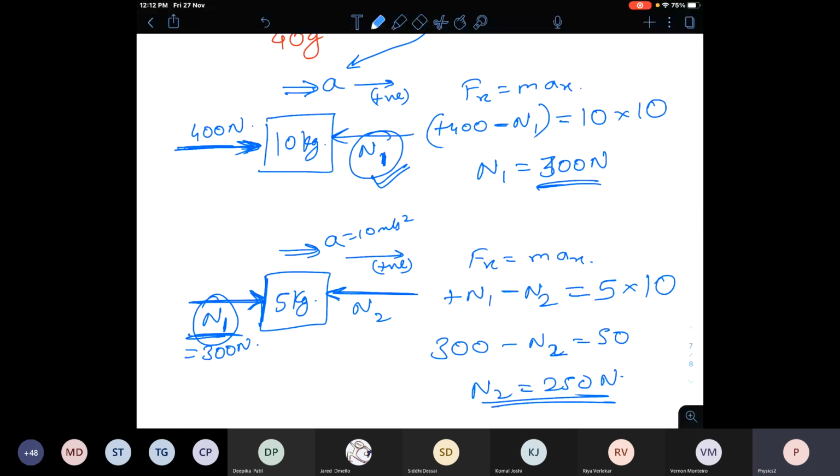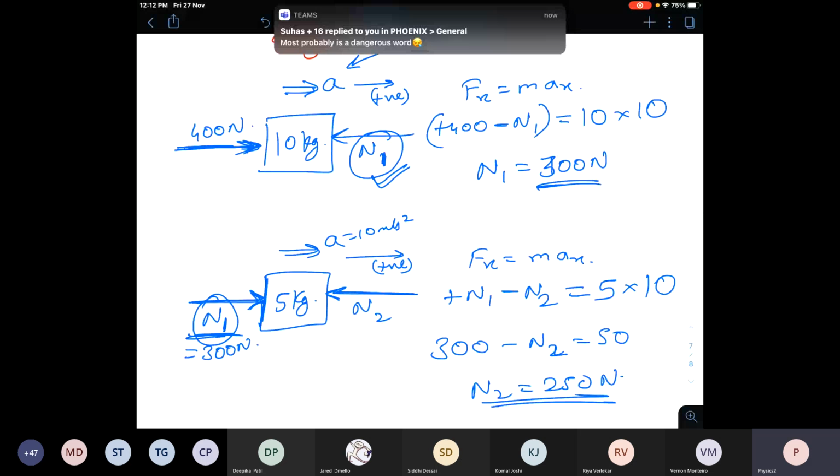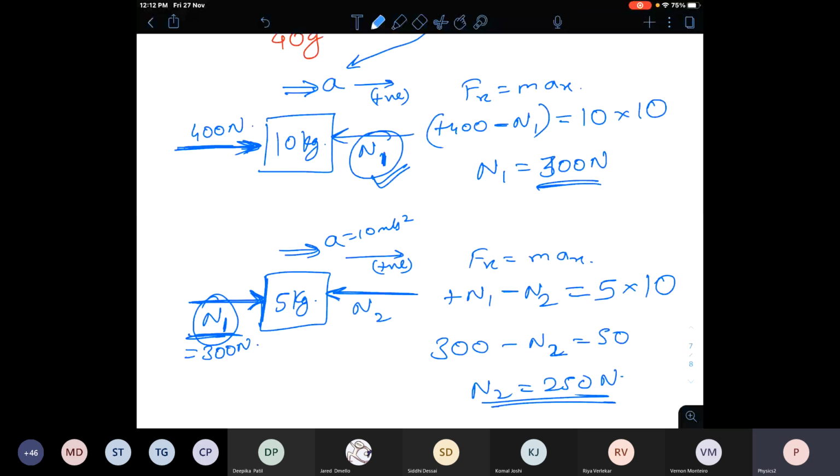Now your theoretical part of NLM is over. Now there are only questions and questions. There will be questions on normal, questions on tension, questions on normal and tension. Then there will be questions on friction, then a combination of these. It is not a dangerous word, it is very easy once you understand the basics.